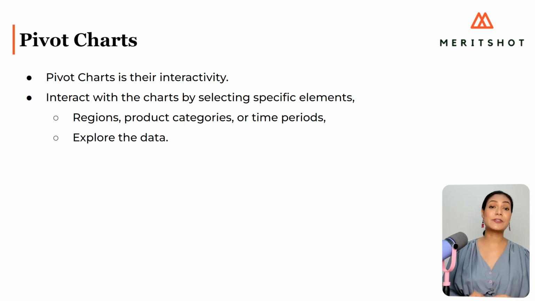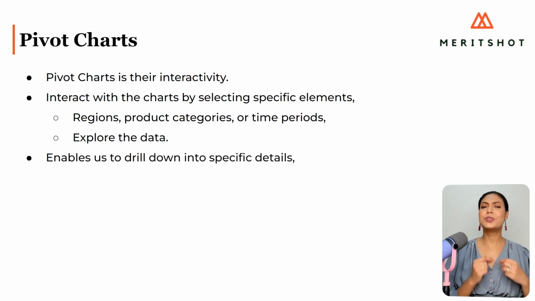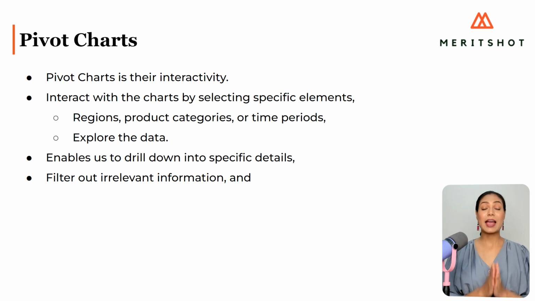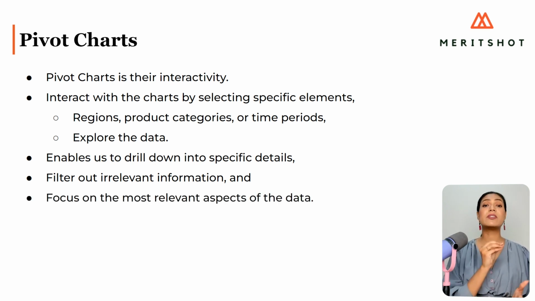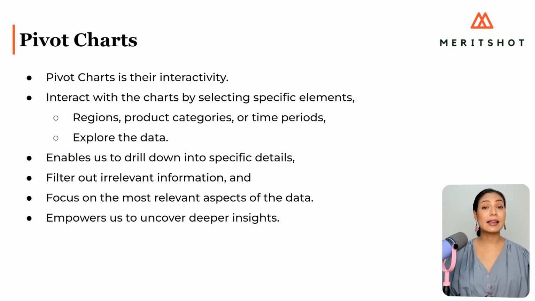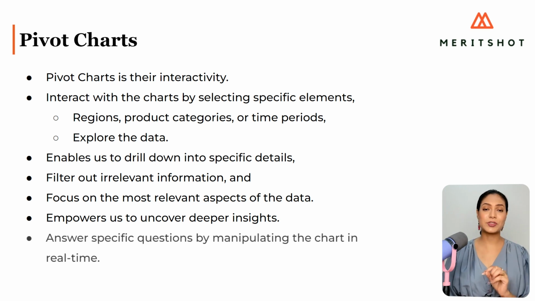This interactive feature enables us to drill down into specific details, filter out irrelevant information, and focus on the most relevant aspects of the data. It empowers us to uncover deeper insights and answer specific questions by manipulating the chart in real time.